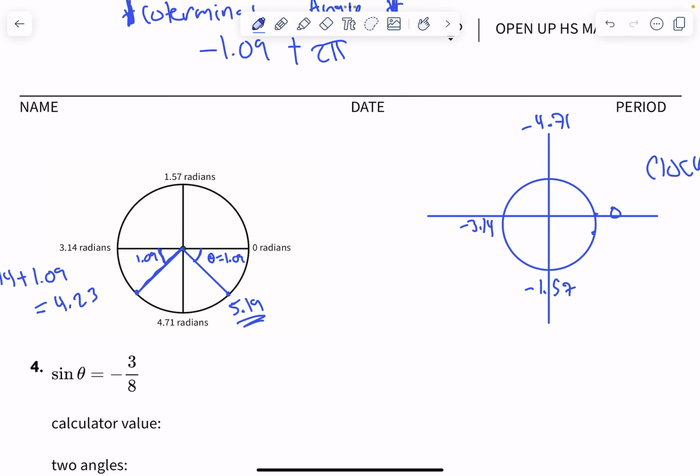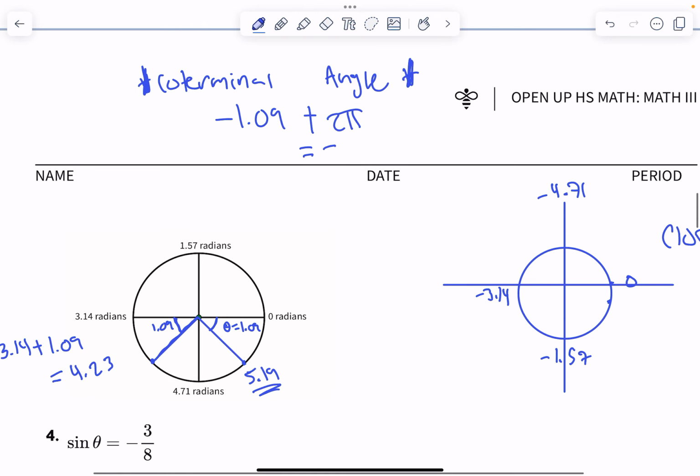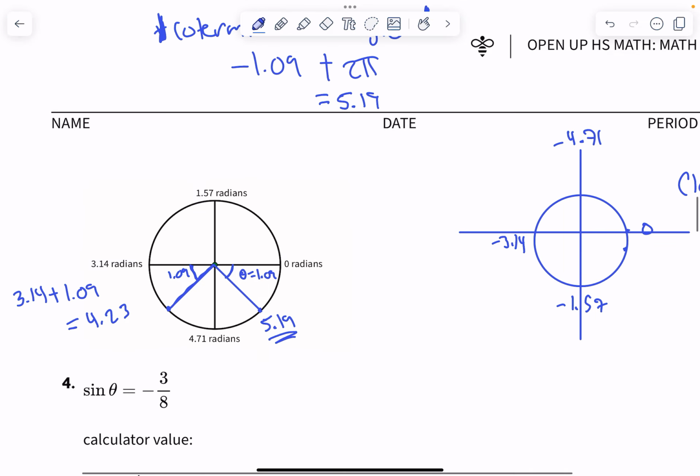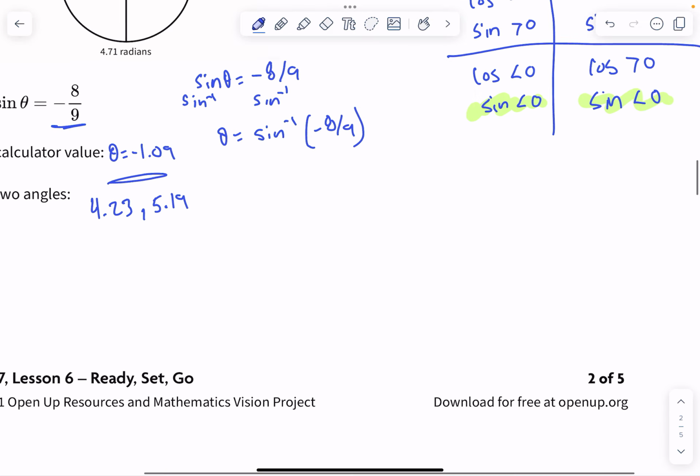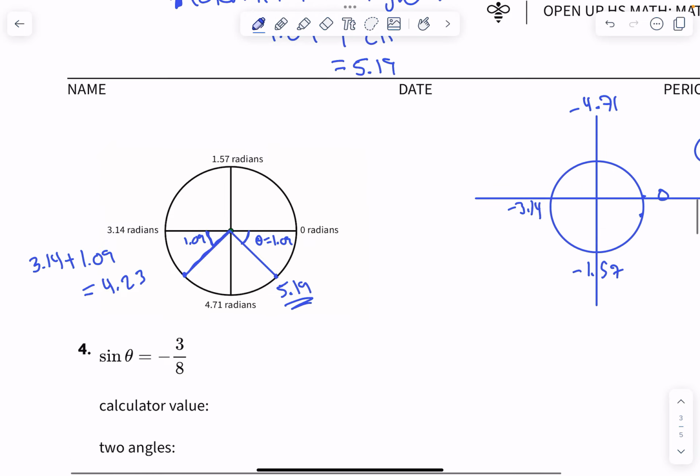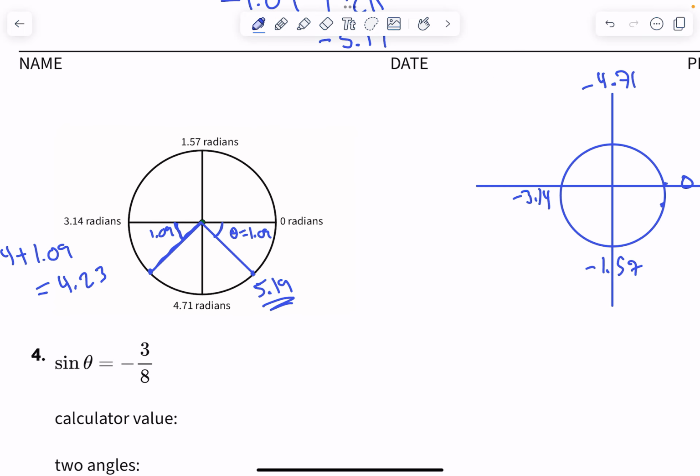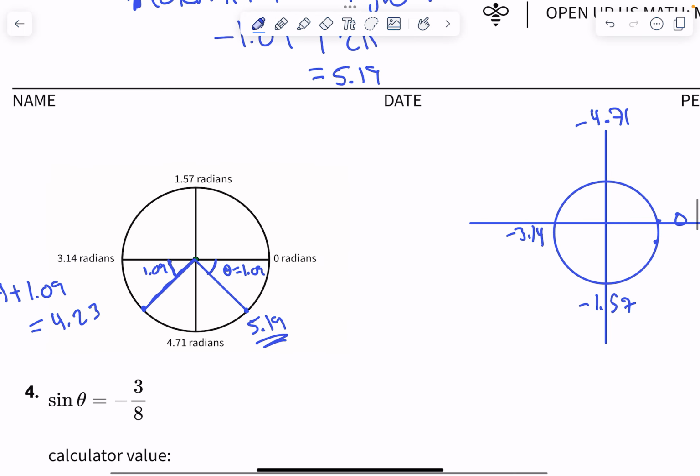So I did this using the coterminal angle, which is equal to 5.19, right? If I didn't know how to find a coterminal angle, you could have done this differently, right? So you know that negative 1.09 was my angle, right? So then this right here is positive 1.09 technically, right? So then this is also equal to 2 pi, 6.28, minus 1.09. Okay, and I think that those are the same.